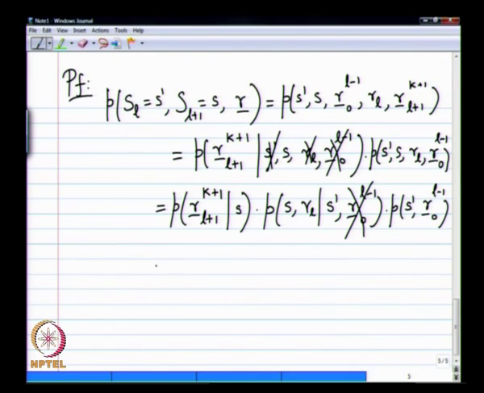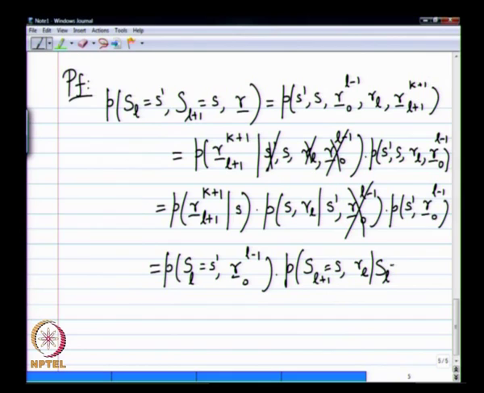So now we have the final form and we can easily write it. I will write this last term first, because that is what gives me my alpha term. P of SL equals S prime, R 0 to L minus 1, times P of S L plus 1 equals S, RL given SL equals S prime, times, what is the last term?